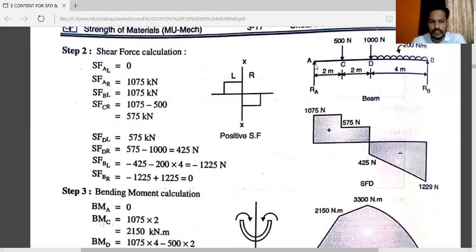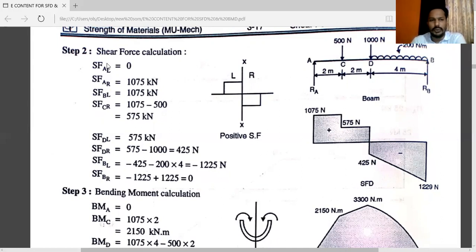First of all, do one thing, write down for every point: shear force at point A just to the left, shear force at point A just to the right. After that, as per the sequence, from left to right, you can write shear force at point C just to the left, just to the right, shear force at point D just to the left, just to the right, shear force at point B just to the left and just to the right.